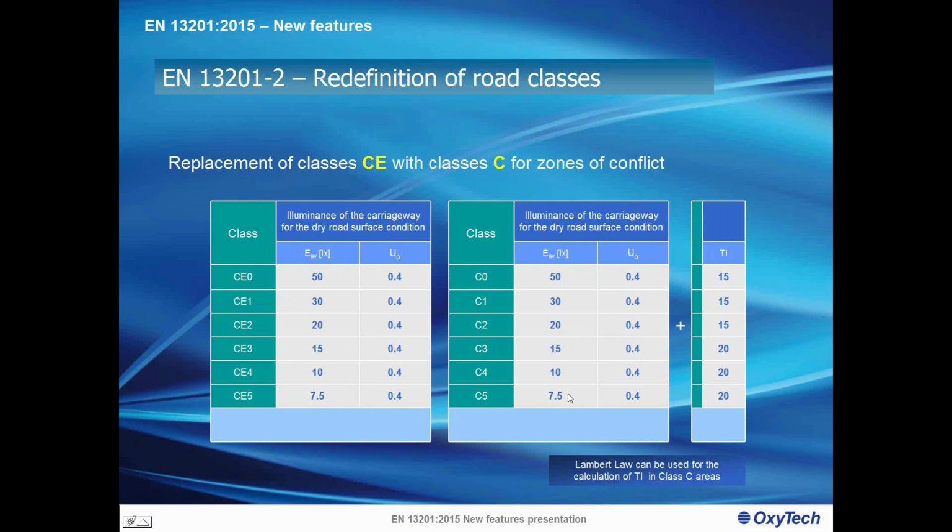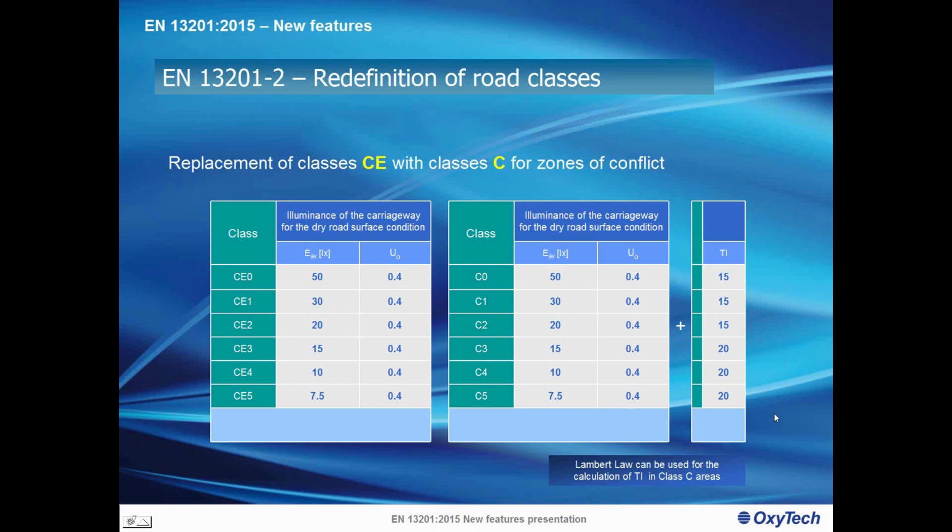As you can see, there is no change in the values, also for the overall uniformity, which is kept absolutely the same. But the big difference, we can say, is the introduction of the TI calculation. But how can we calculate the TI if we cannot calculate the luminance?